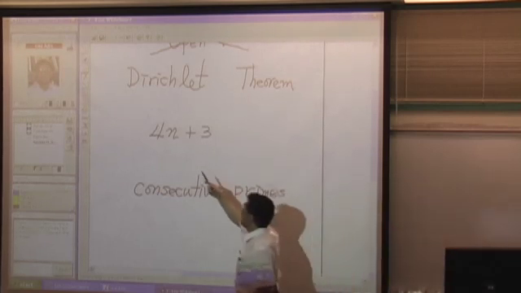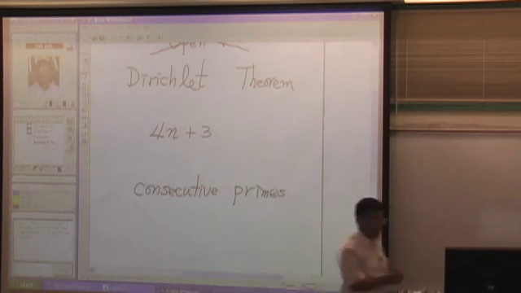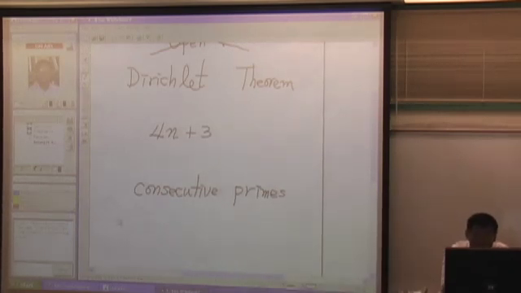In other words, 4n plus 3, I will write it, and then you may extract: n equals 0, then 3, right? n equals 1, 7. n equals 2, then 11, 15, and then 19, and then 23, and then 27, and then 31, 35, 39, right?